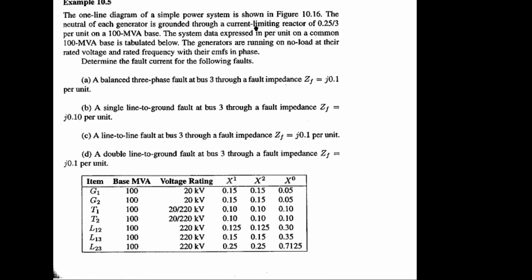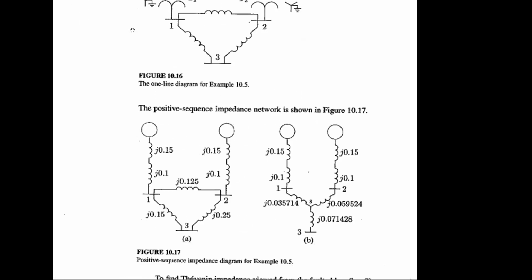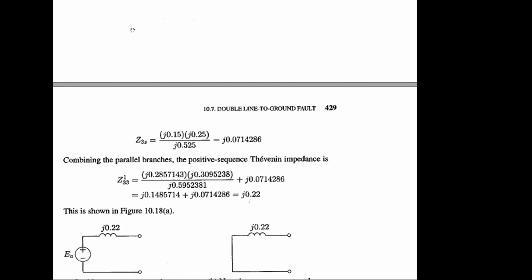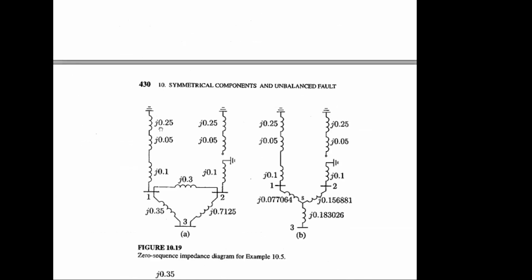Another thing, the current limiting reactor is connected to the neutral of each generator, grounded through per unit base. You have to consider 0.05, and for zero sequence 0.25. Here you can see 0.25 as the zero sequence consideration.